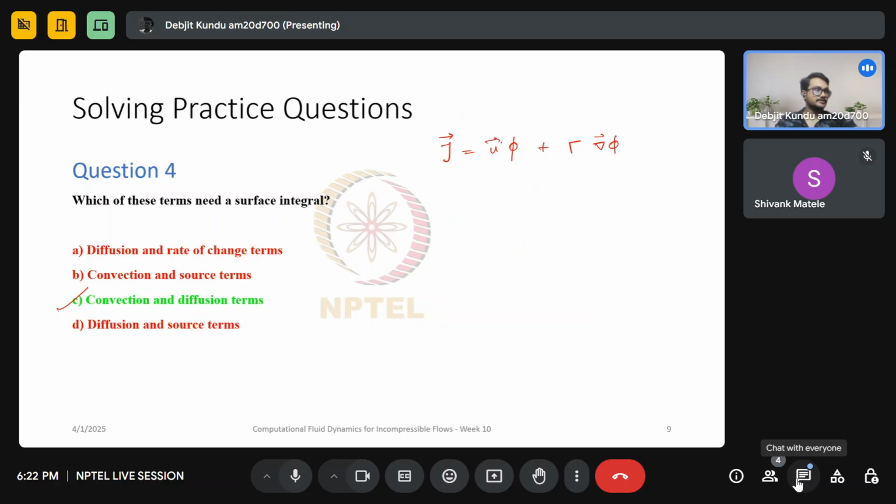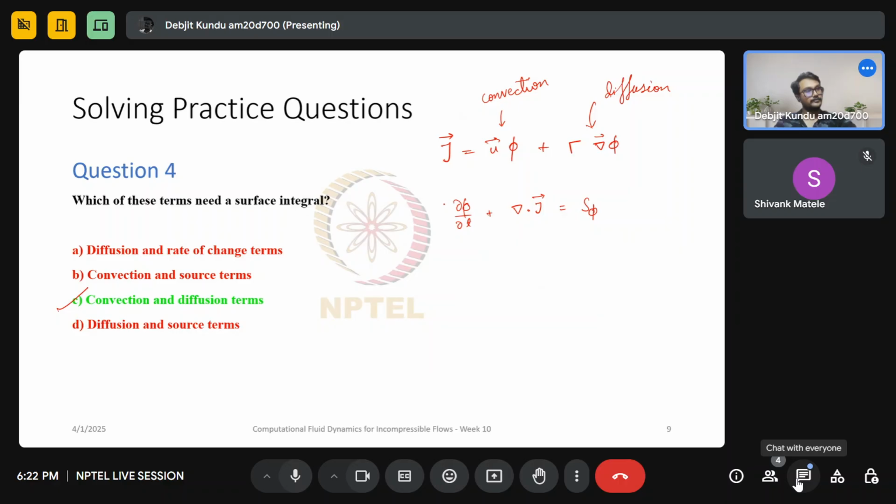So this is what the convection term is, and this is what the diffusion term is. And in the standard equation of conservation of P, we have something like this.